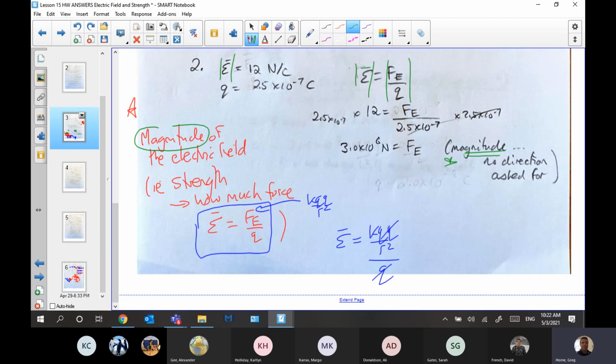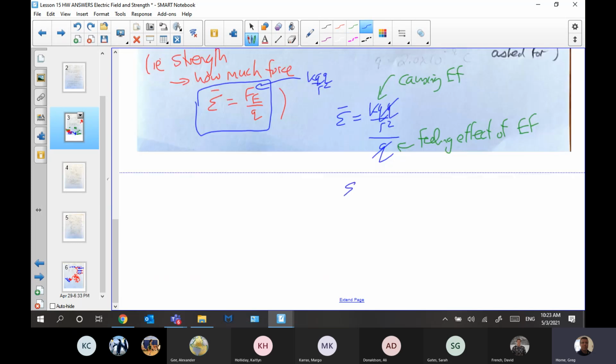Remember, one of these Q's is the one causing the electric field, the E field for short. The ones that cancel out are the ones feeling the effect of the other charge's electric field. So there's another version of this equation that's kq over r squared.